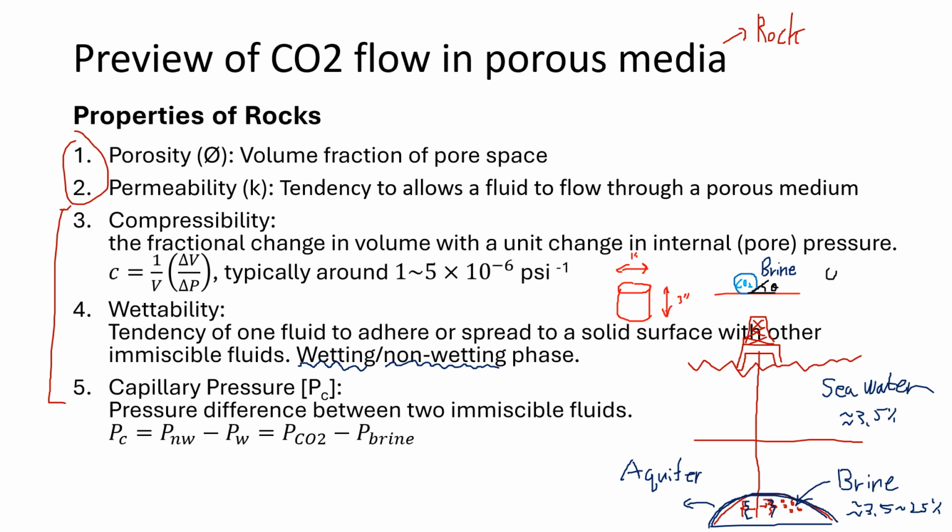If this angle is much smaller than 90 degrees, which is the case for this one, then that means the surface is more friendly with the brine. So the surface of the rock is more likely to contact the brine than the CO2. That means the CO2 is non-wetting, whereas the brine is the wetting phase.